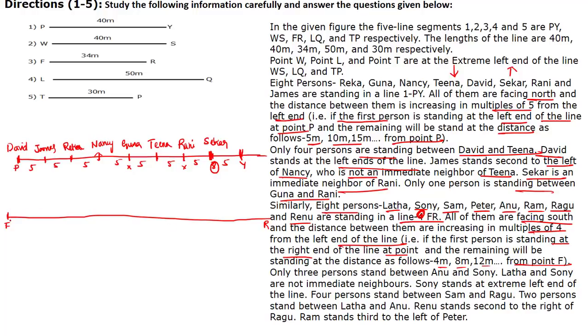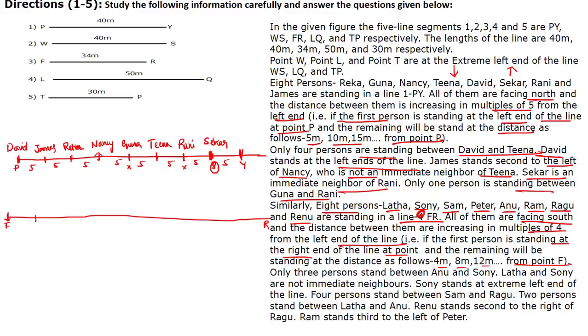So this would be the right end. The first person is standing at the right end of the line at point F, and the others will be standing at distances of 4 meters, 8 meters, 12 meters from point F.